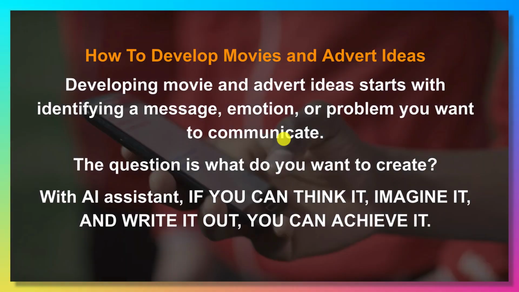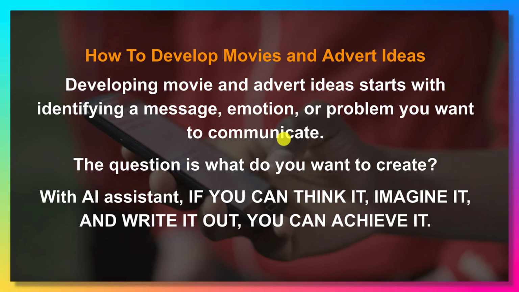The next we're going to look at is how to develop movie and advert ideas. Very important. How can you develop a story or advert ideas? So many people cannot develop ideas. They lack that development, right? So what is story development?